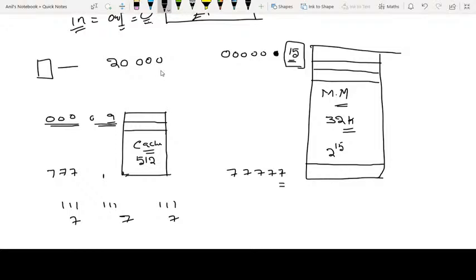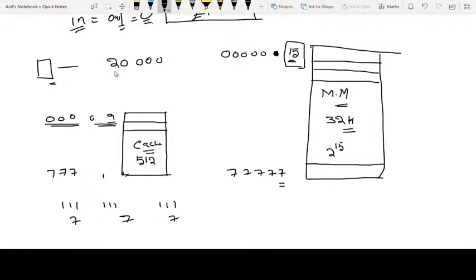If we translate into binary, it will be 010, 000, 000, 000, 000. This is the address that has been released by the CPU, in which it is going to access the element.